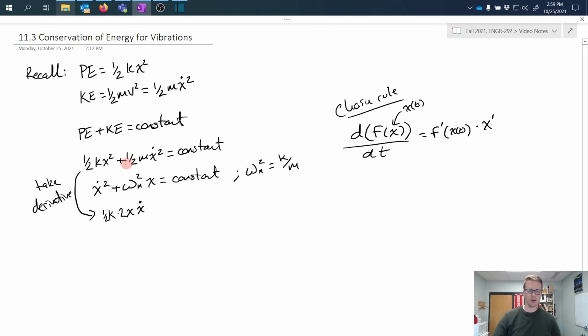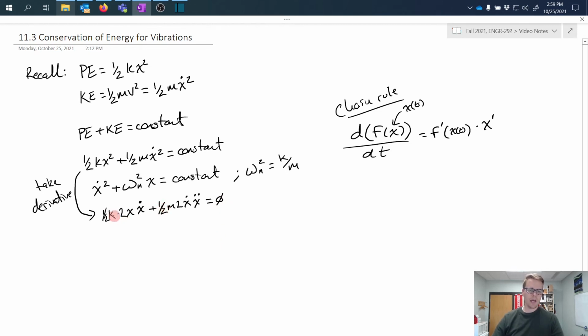For my next term, I would get 1/2 m, pulling out my constants, 2 x dot, and now taking the derivative of the function itself, I get x double dot. And my last term on the other side of the equal sign is just a constant, so if we take the derivative of a constant, we get 0.